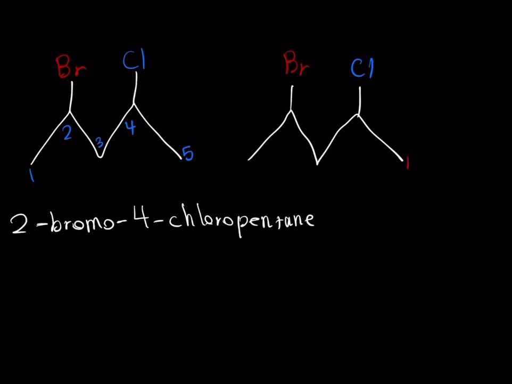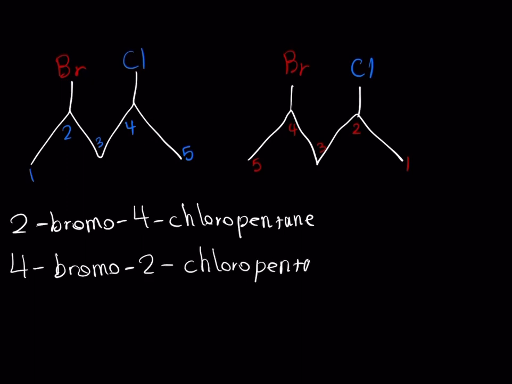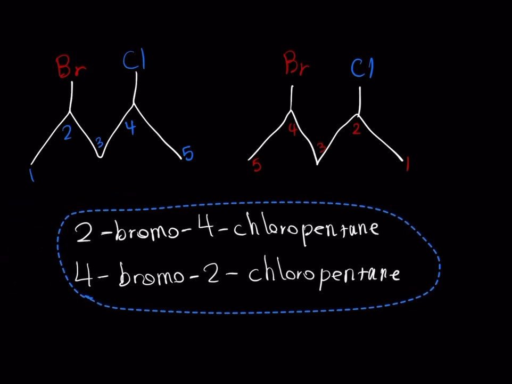If we count from right to left, as I'm going to do on the right side, chlorine is going to be on position 2 and bromo is going to be position 4. So it would be 4-bromo-2-chloropentane.